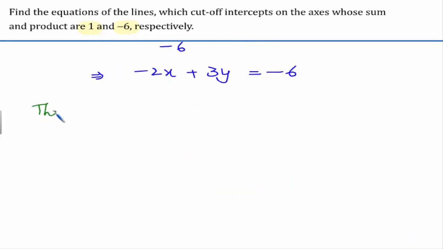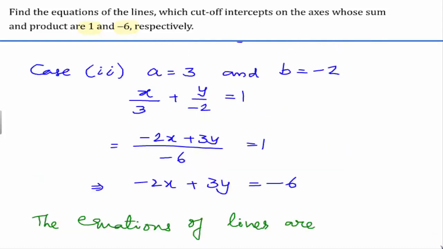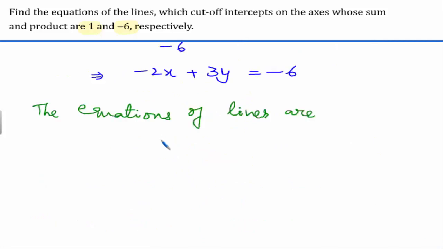So the equations of the line are: the first one we got here, 3x minus 2y is minus 6, and the second one we got is minus 2x plus 3y is equal to minus 6.